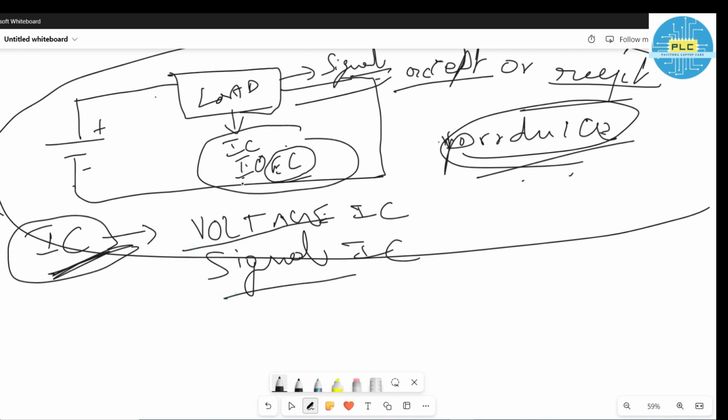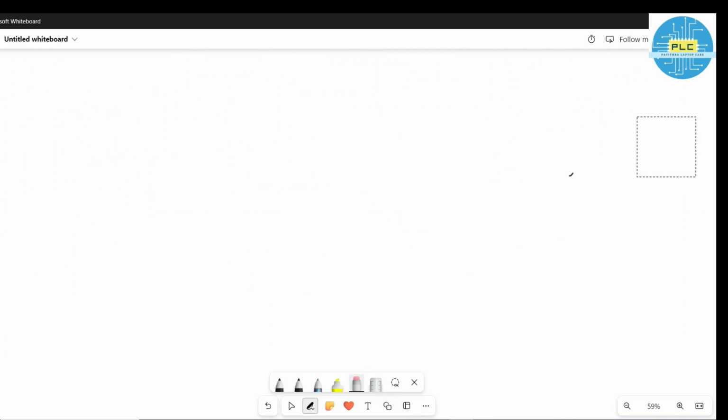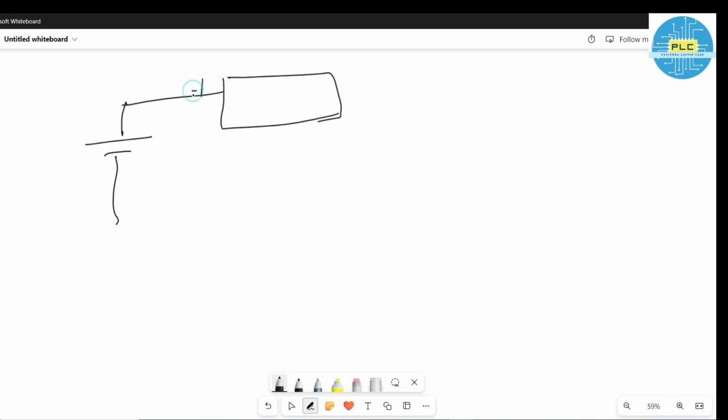So what are the signal ICs and what are the voltage ICs? Now I'll clearly tell you in the laptop. I'll drop this one. No need to worry if you do not understand also. I will explain again and again, then you will come to know. See, if we consider it as a load, the positive and negative terminals are connected to the load.